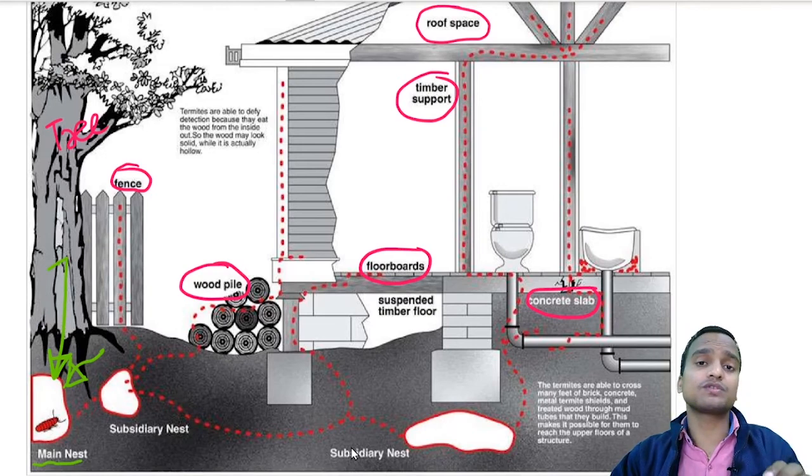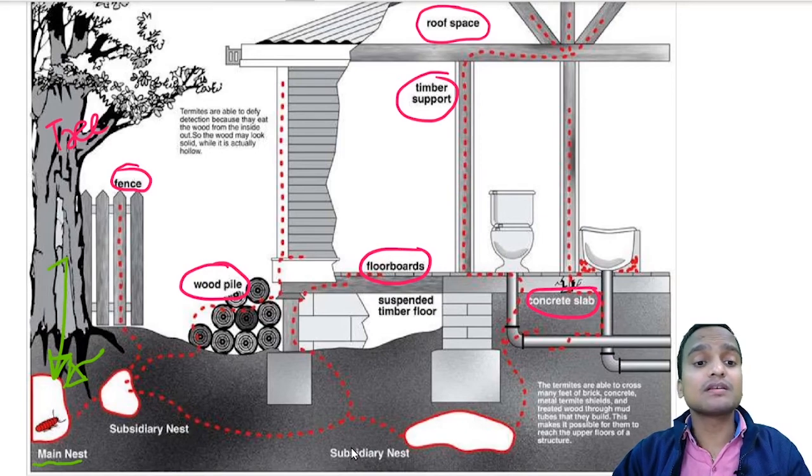They eat the roots of the tree. So these termites make their subsidiary nests also in different places beneath the soil in the area surrounding our house.